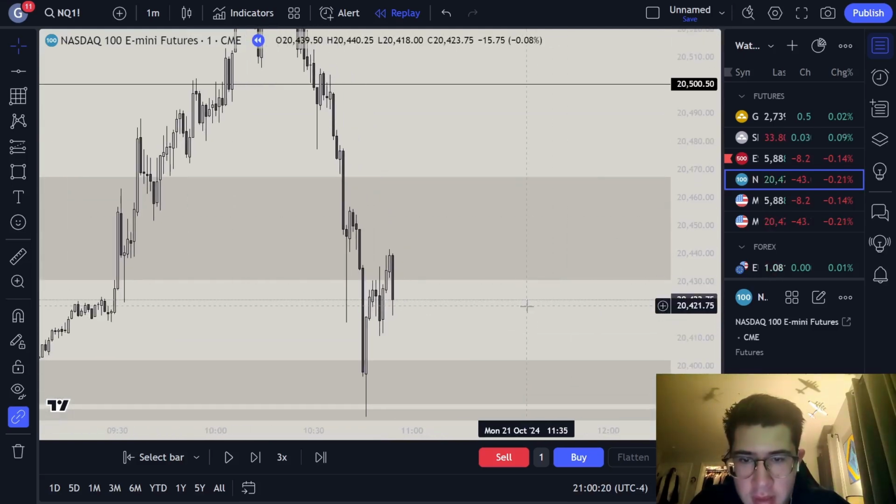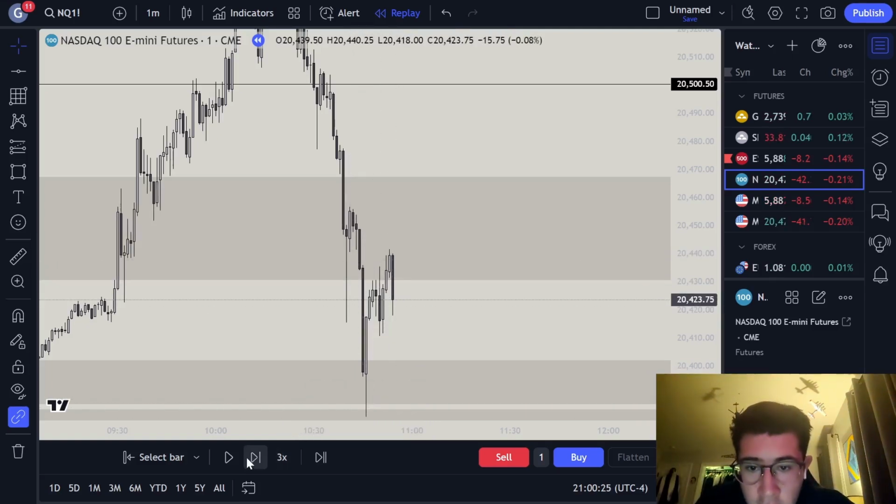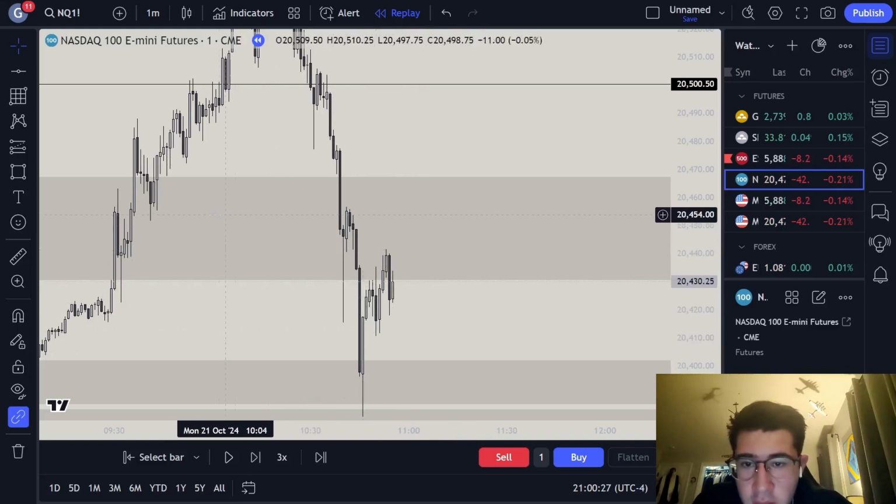And honestly, based off this, if this fair value gap gets rejected, I would enter a position. So I want to see candle break above this.